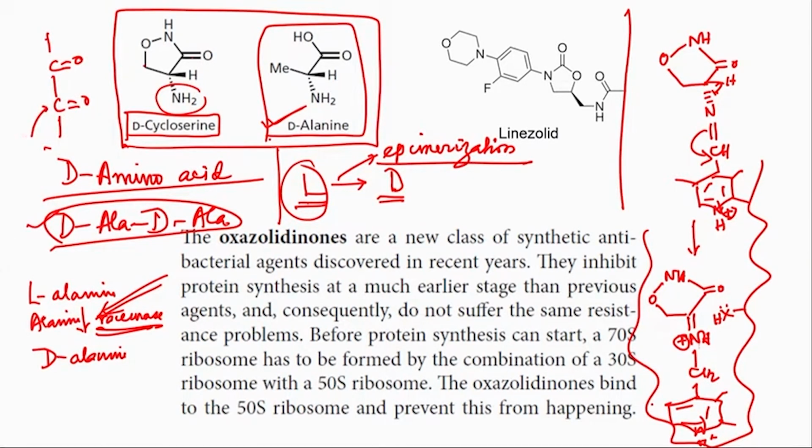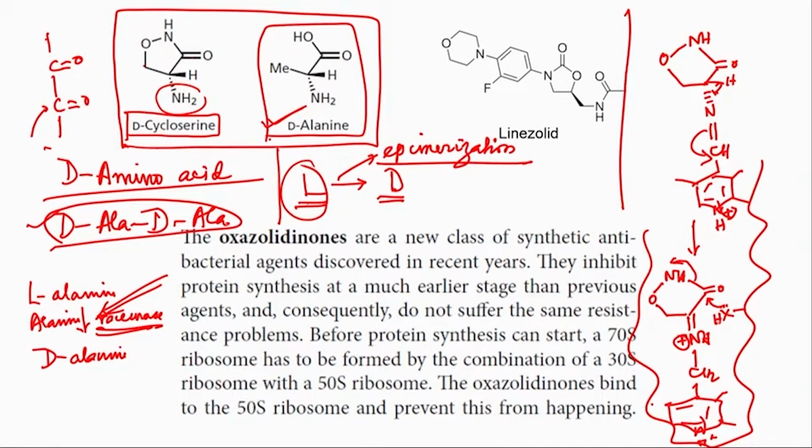So, one is iminium, another is a carbonyl, and this carbonyl is now very reactive. The enzyme's nucleophilic amino acid is going to attack here and opens this up. That means you are forming a covalent acyl enzyme bond, and that stays there. So, this is the mechanism of D-cycloserine.